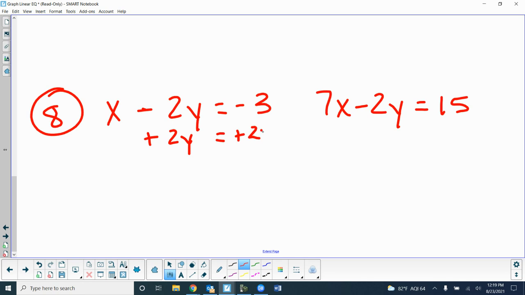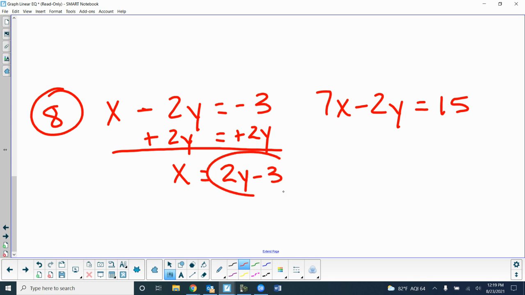That's the easiest variable to get by itself. Then you're going to take this and put it in the other equation for x. It's got to go in the other equation when you do the substitution. So it doesn't matter if y or x is by itself, as long as one of them is. Okay, but the easiest one in this problem to get alone is that x.